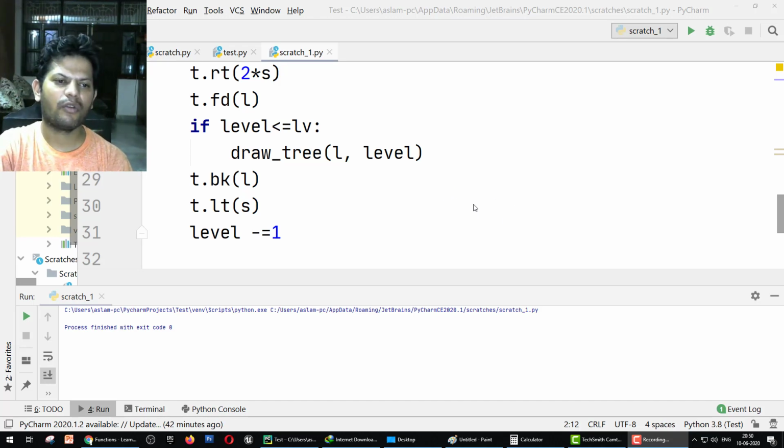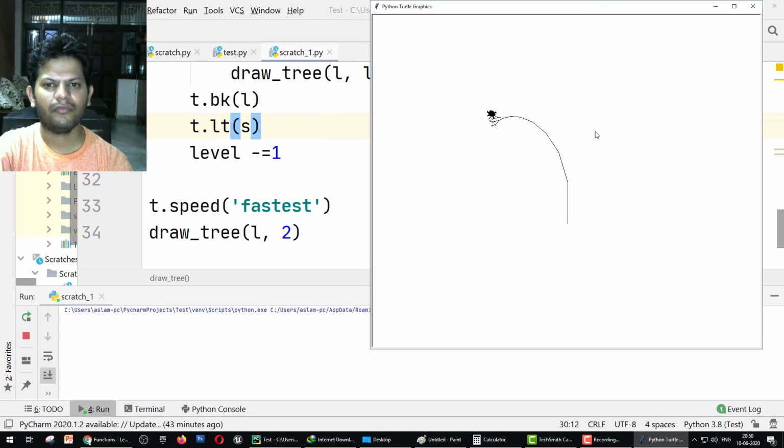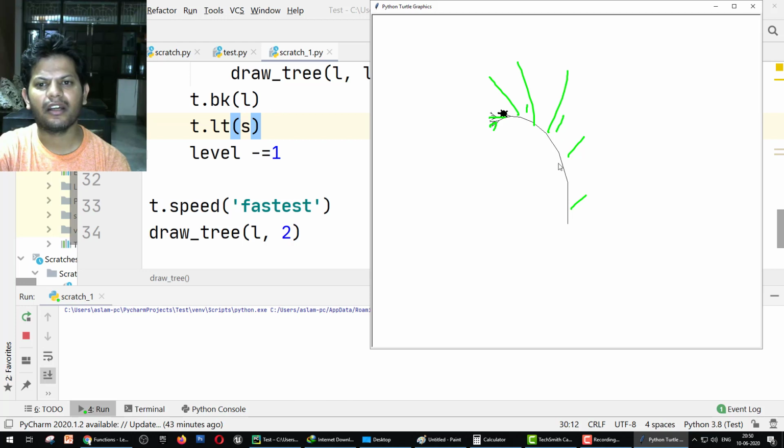Okay, now you can see the output and the last step. Okay, I will tell you in the output these 3 lines. Okay, this is the first step, second, third, fourth. After 11 steps, he goes back and draws, back and draws.